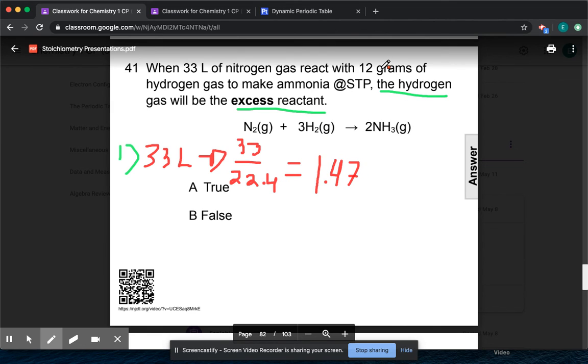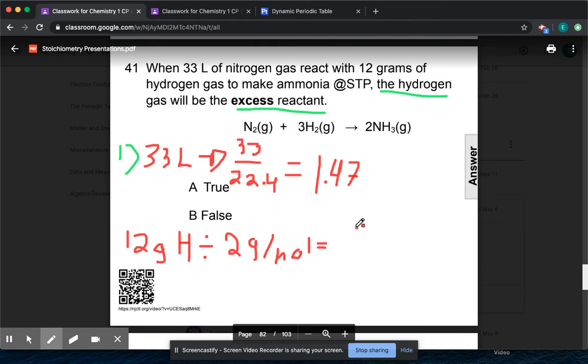And then we have 12 grams of hydrogen. And then we need to divide that by its molar mass, which is 2. Two grams per mole.